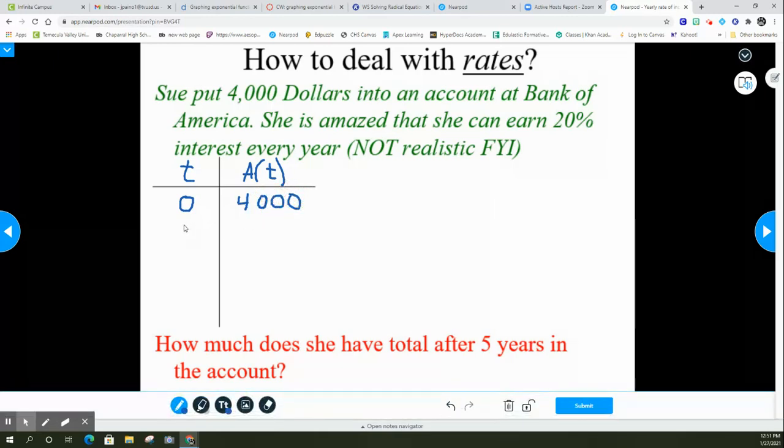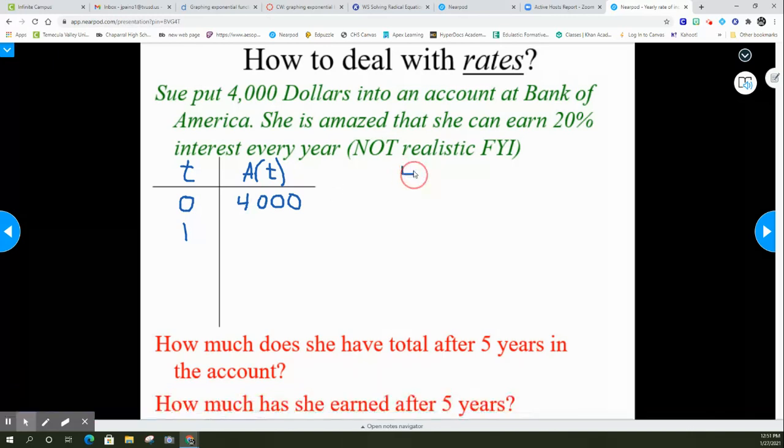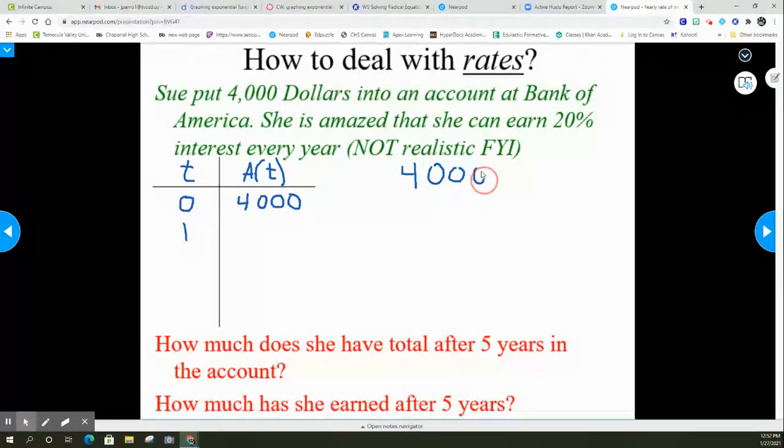And then when we plug in 1, what are we going to get? Well, we don't have a function to plug it into yet. So what if she earns 20%? She has 4,000. She earns 20%, which is 0.2 or 1/5.